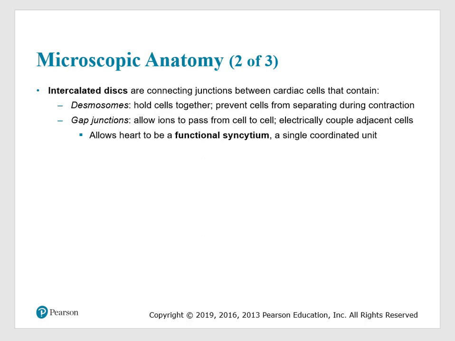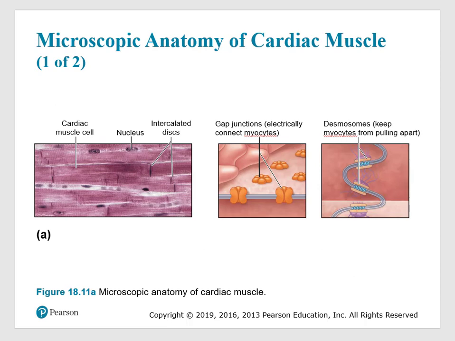The desmosomes basically prevent the cells from ripping apart from each other when the heart muscles contract, and gap junctions allow the impulses to travel from one cell to the other without any problem, so you can have the whole heart functioning as one piece of muscle called a functional syncytium.